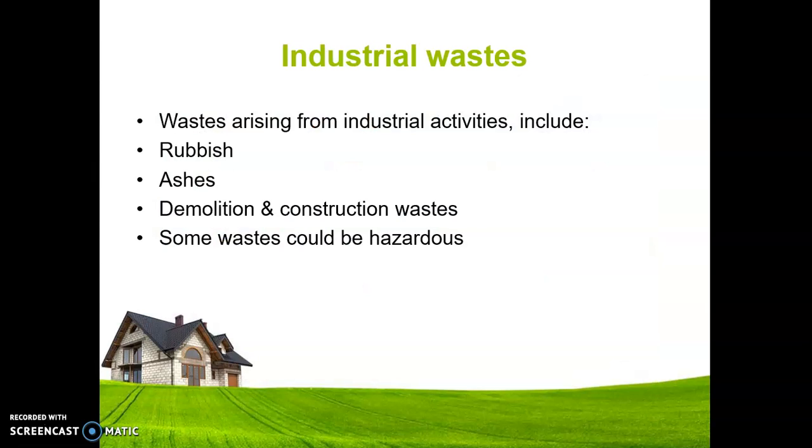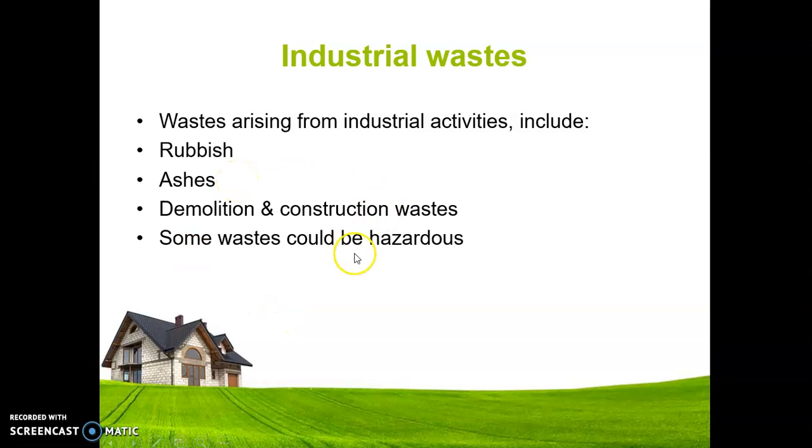Okay, so next is what is industrial waste. It is the waste arising from industrial activities. That's why some parts of the municipal waste can also be categorized as industrial waste. So you'll see some rubbish, ashes, demolition and construction waste.